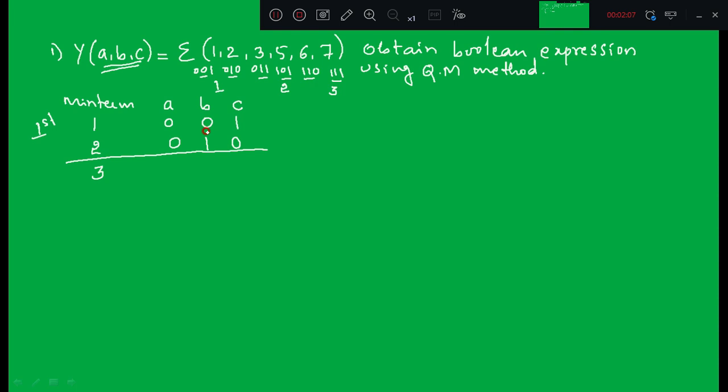These three minterms have 2 ones, so I'll put them in the second group, right? Then I have 7, 111. So this is my third group.